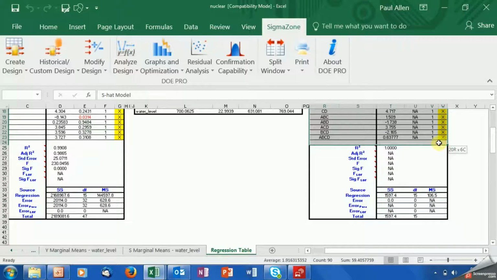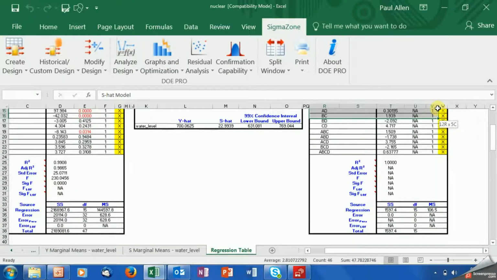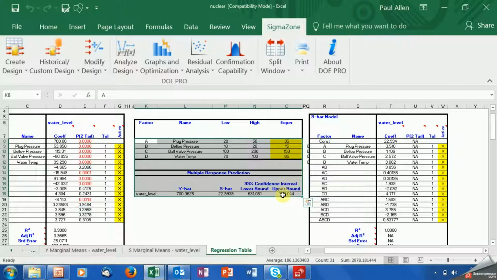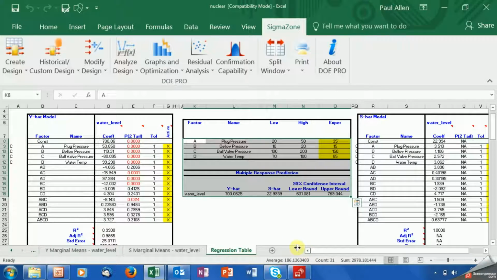S is the standard deviation model. How are we affecting the consistency of the result? So on the left hand side we got y hat, on the right hand side we got s hat, and in the center here, this section here is all about being able to predict the result. Okay, so there's our first regression table.